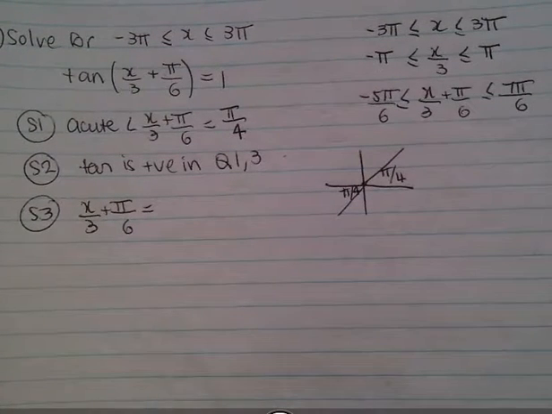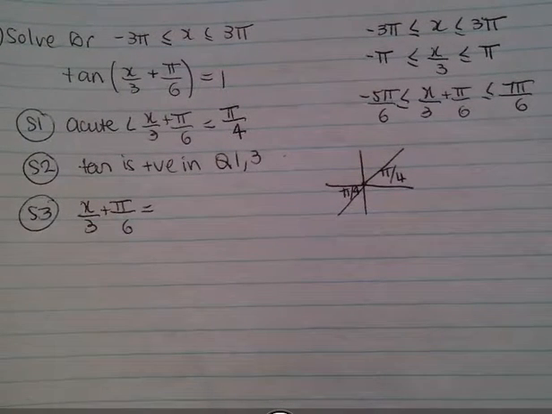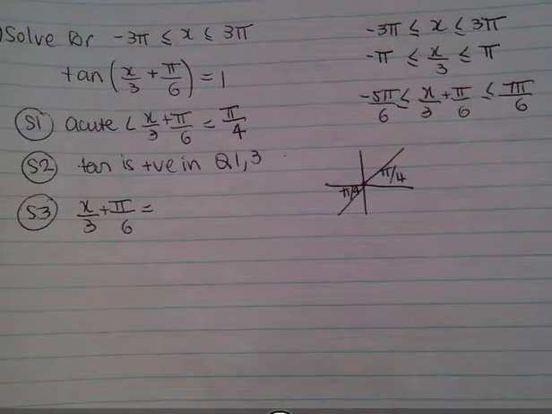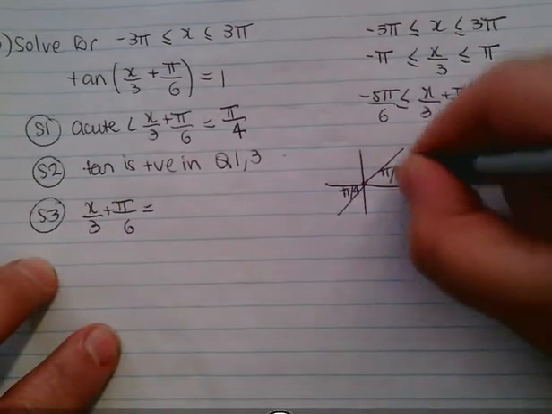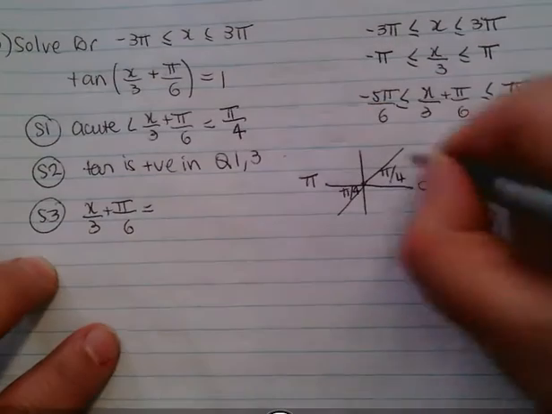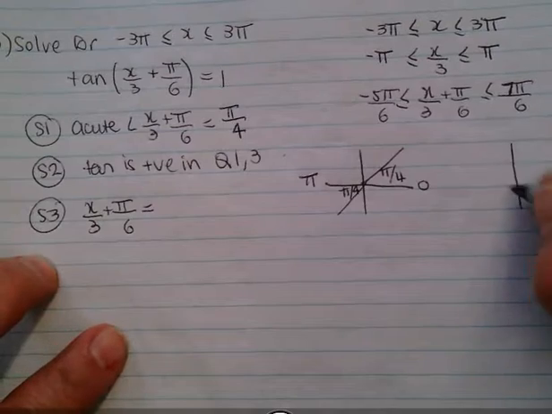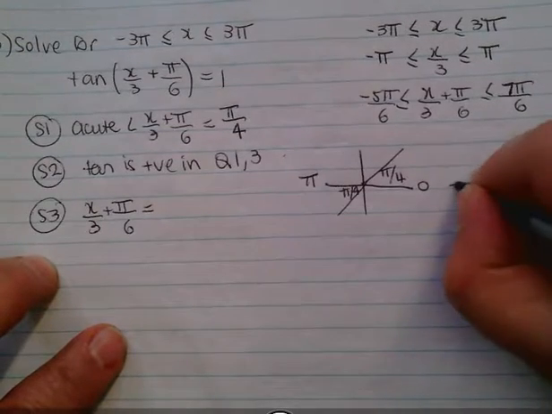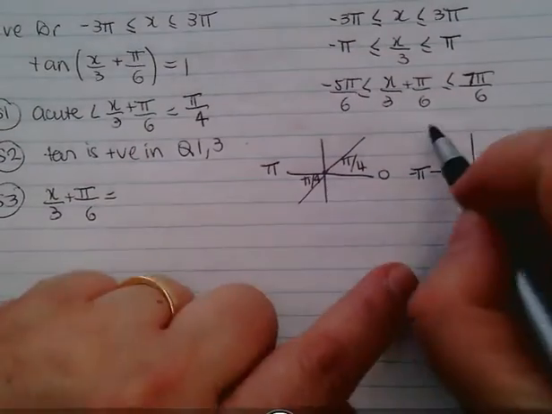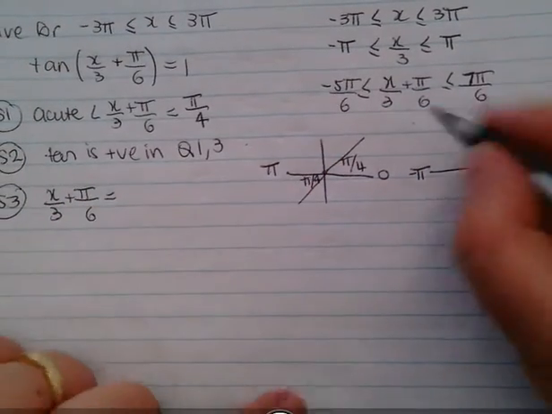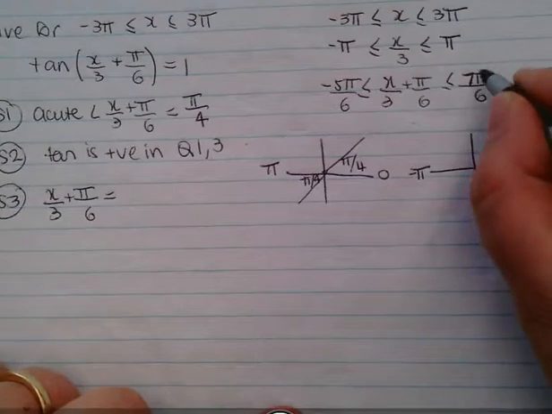Okay, now you have to start from -5 pi on 6. Now, actually, I'll do the positive solutions first. So it's from 0 to pi. And then I'll do a drawing for my negative angles. Okay, so let's do from 0 to 7 pi on 6, which is a bit more than 1 pi.